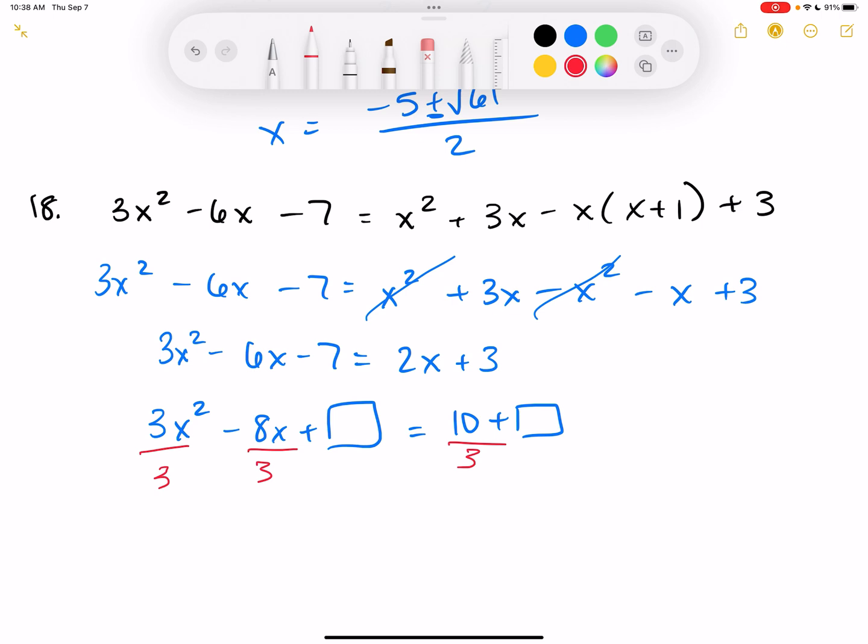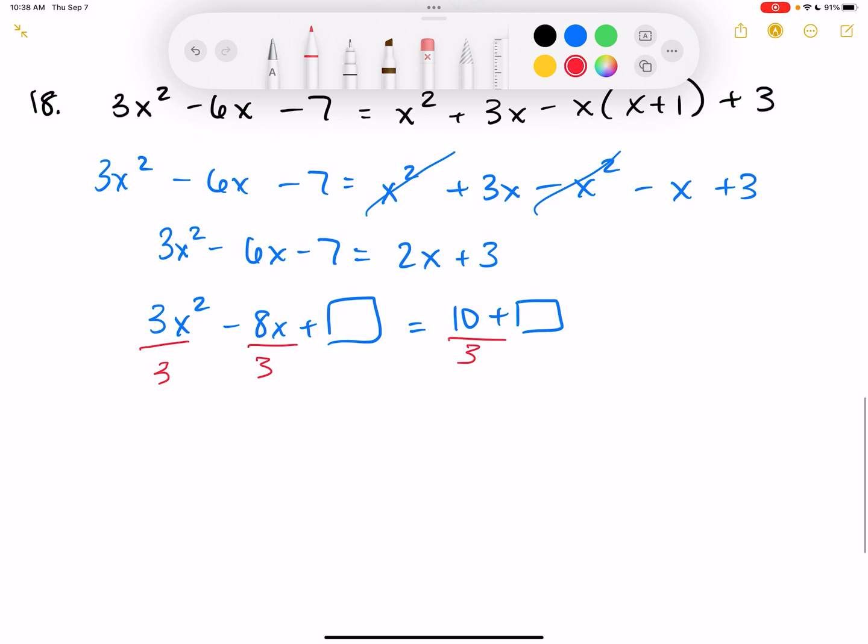All right, I'm going to jump down to 20. 20 is the quadratic formula. So 2x squared minus 3x plus 1 equals 0.